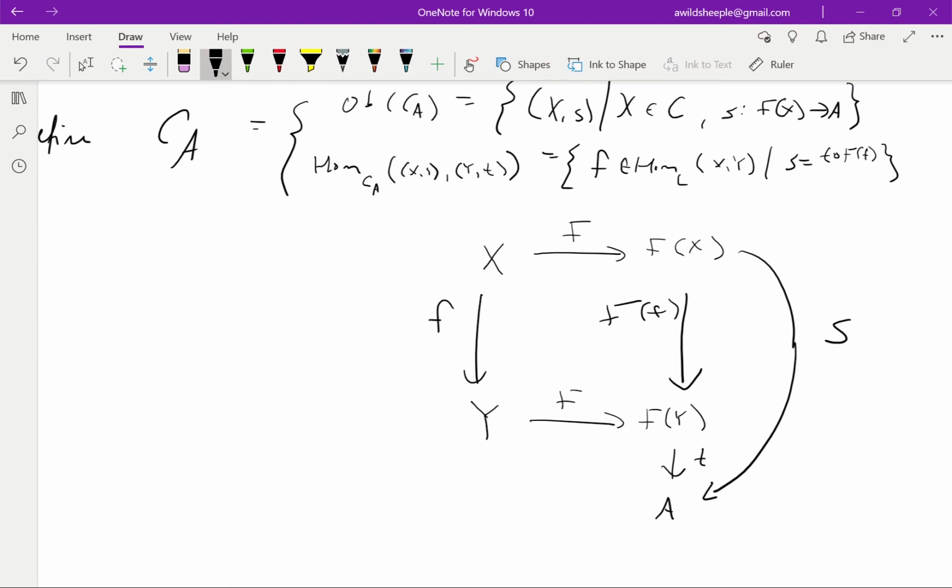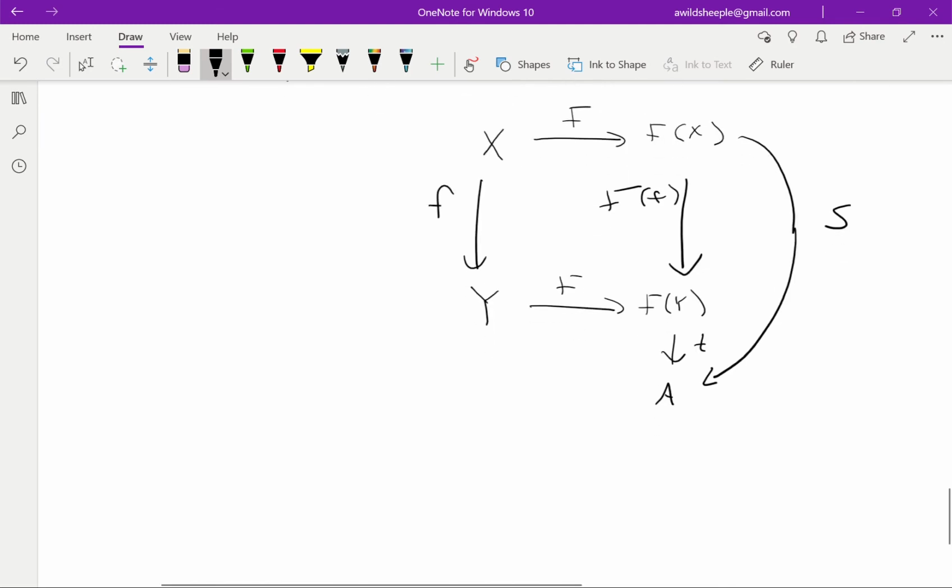So this category contains the data of a category of morphisms in a suitable sense. However, it also carries the data of a functor F, which, like I said, we think of as sort of twisting our diagrams. Okay, so this generalizes the examples from last time.